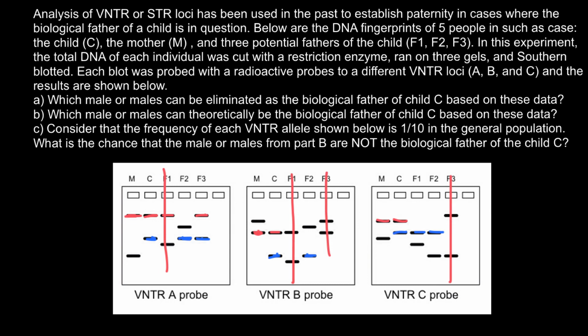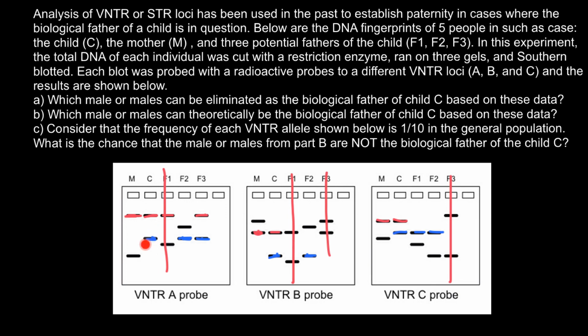Question C. Consider that the frequency of each VNTR allele shown below is 1/10 of the general population. What are the chances that the male or males from part B are not the biological father of the child C? So basically, we know that this allele has been contributed by the mother.